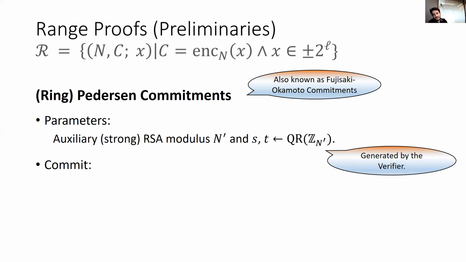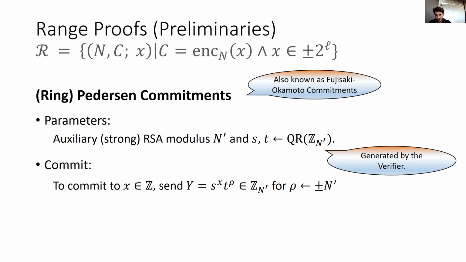As an aside, let me say that looking ahead to the fault attribution for accountability, this is going to make our life harder. Okay, that was an aside. So let's leave accountability for later. To commit to some integer value x in a Pedersen fashion, we compute s to the power of x, and then we mask that value with the random power of t.